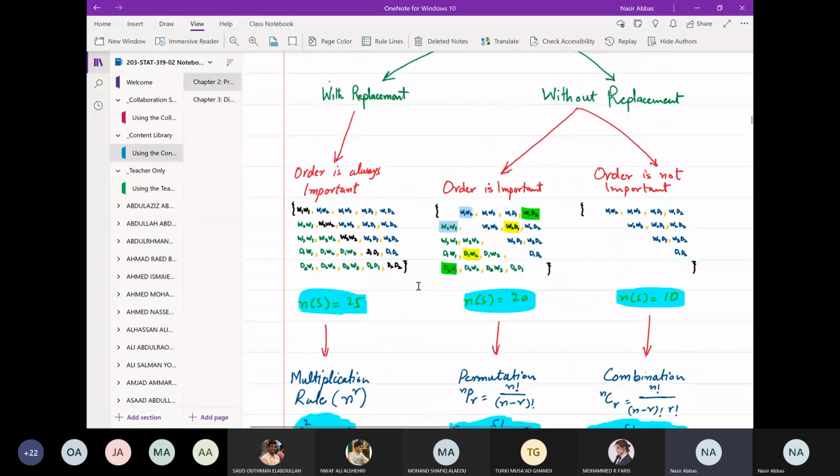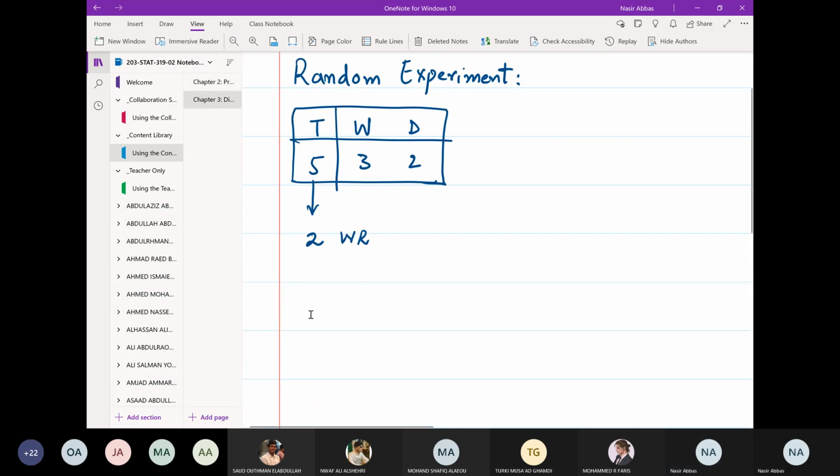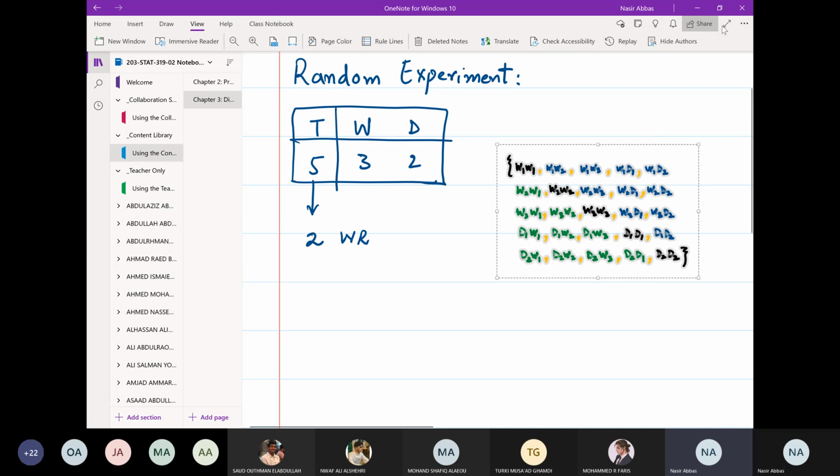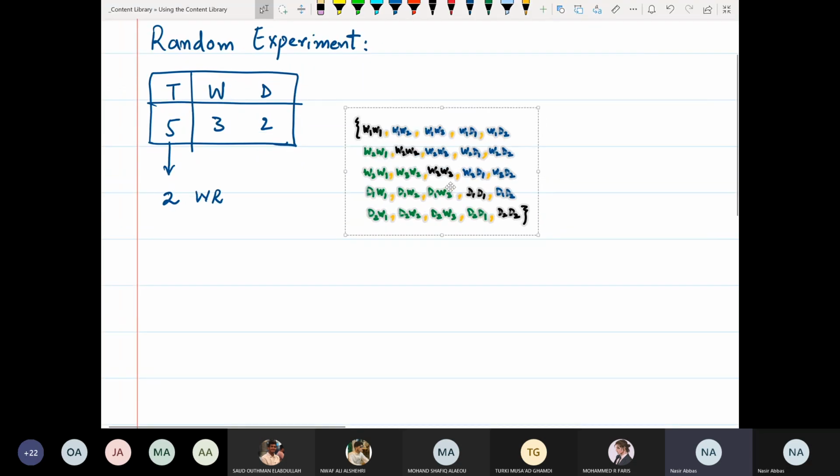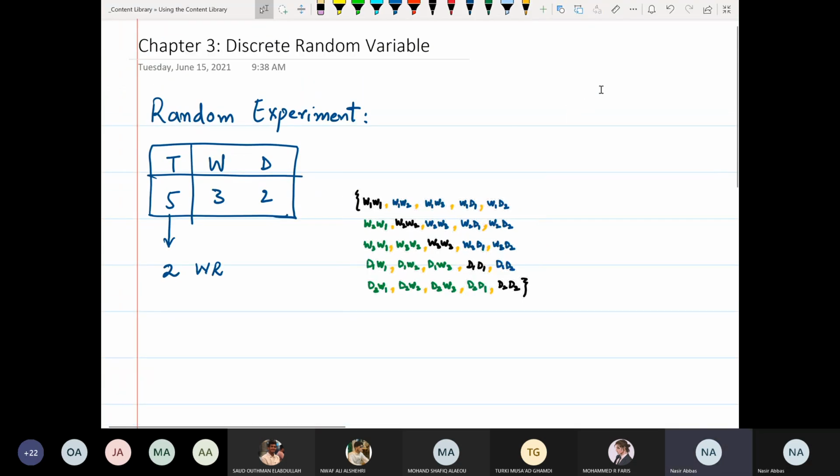Yes, we have it here. So I'll copy this one, and I'll simply paste it here. This is my space. That is the random experiment.